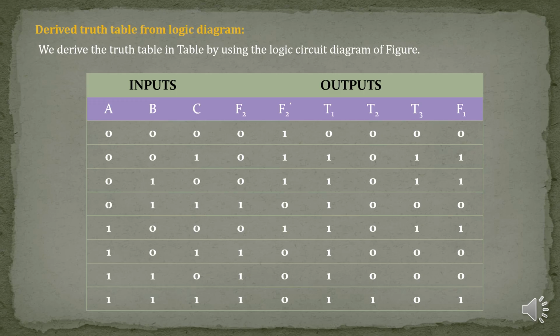When A and B inputs are 1s, then the outputs F2, T1 are high. When all three inputs A, B, C are 1s, then the outputs F2, T1, T2 and F1 are high.